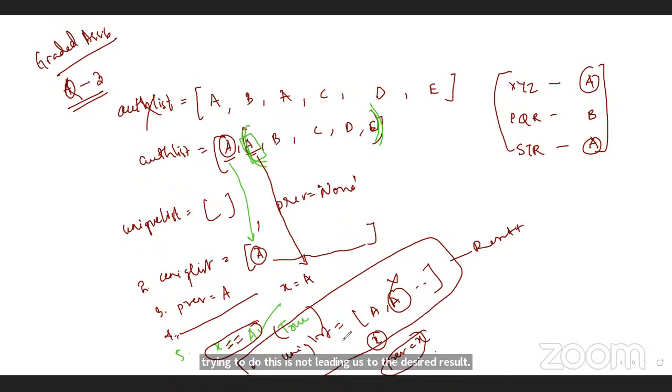The simplest fix would have been to change line number 5 to not equals to. If x is not equals to a, then we can update our unique list.